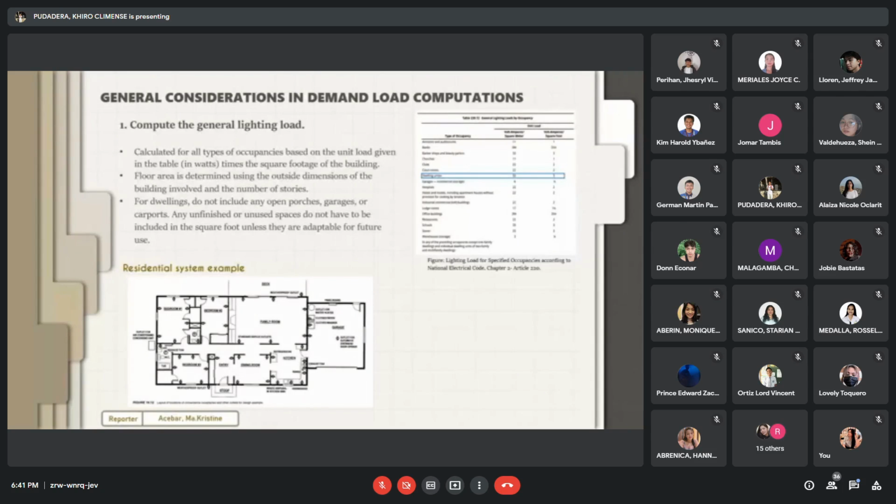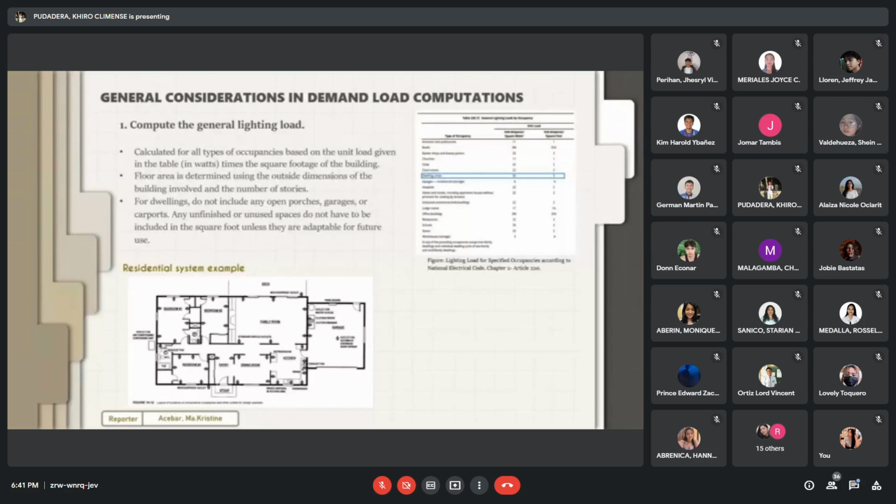The floor area is determined using the outside dimensions of the building involved and number of stories. For dwellings, do not include any open porches, garage, or carports. Any unfinished or unused spaces do not have to be included in the square footage unless they are adaptable for future use. This is under Article 220.12.